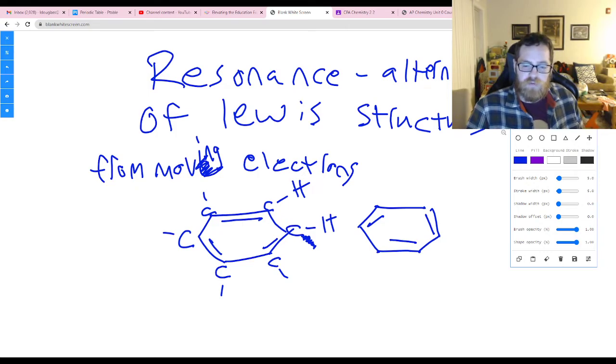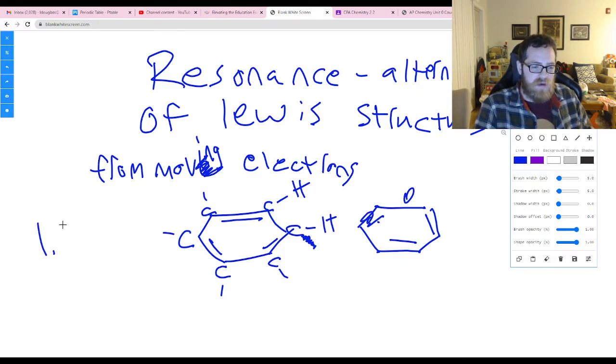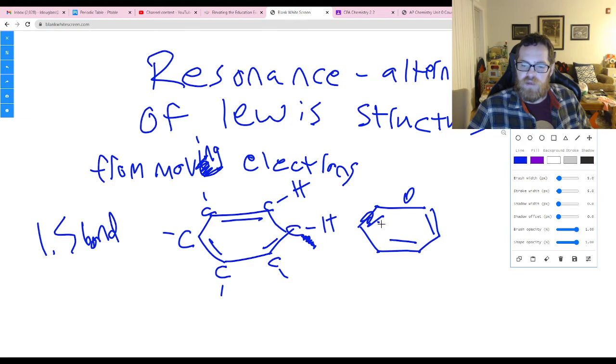changing back and forth. So really what this means is the overall properties are less like a single and a double bond, but are instead more like a 1.5 bond. And actually, you can calculate bond order by adding up the numbers of pairs of electrons in the bonds over the number of bonds themselves.